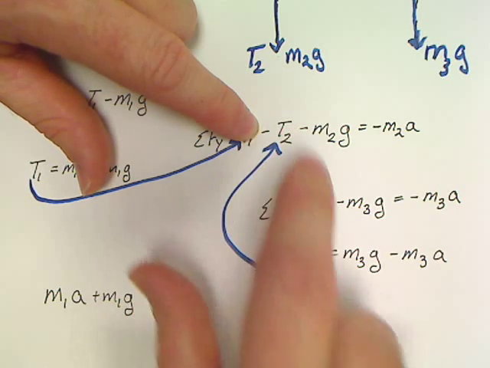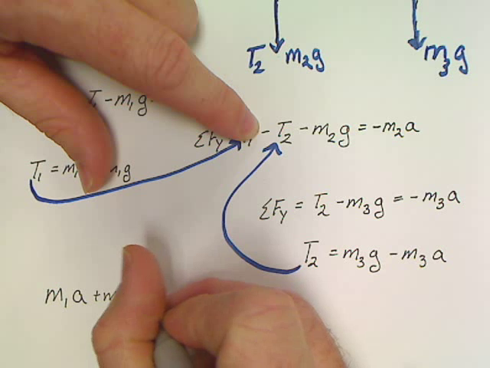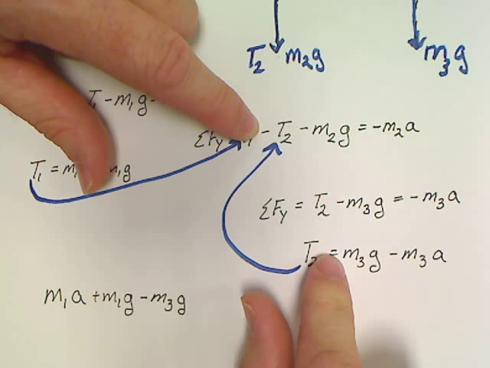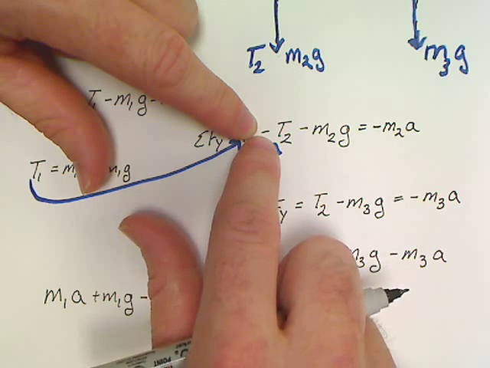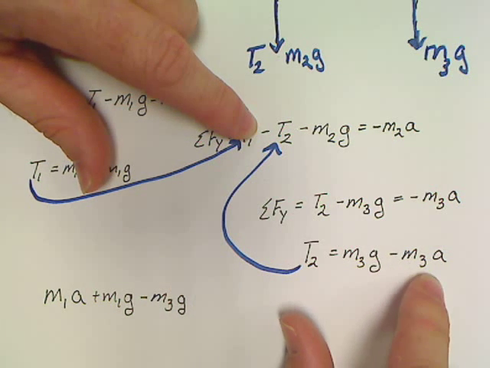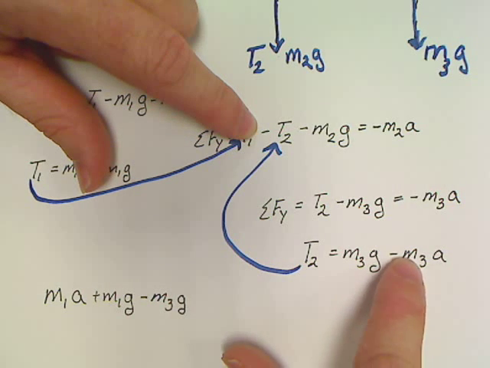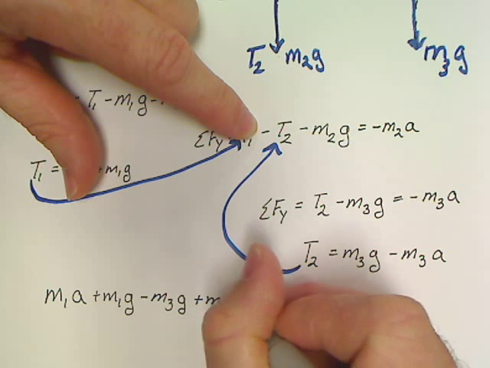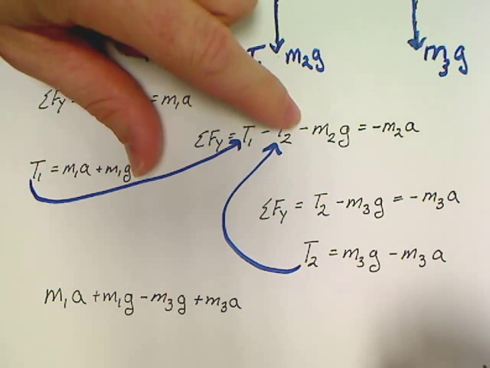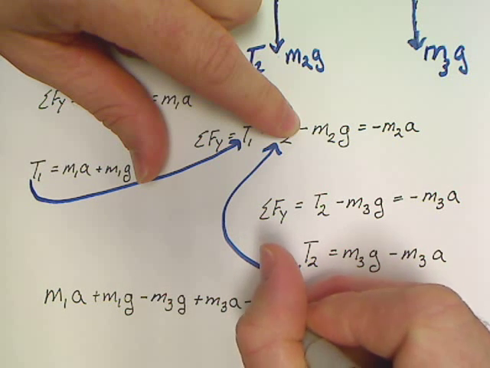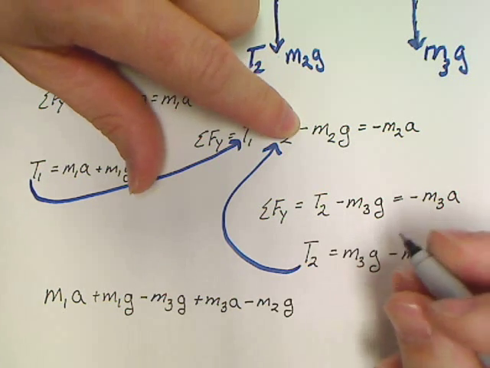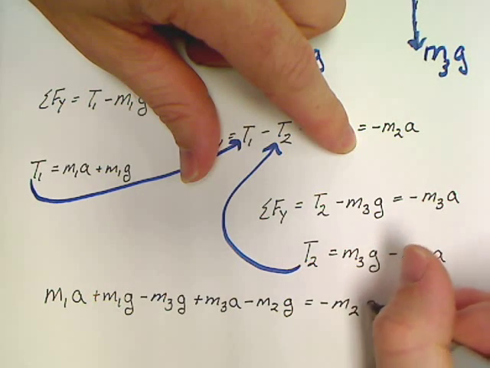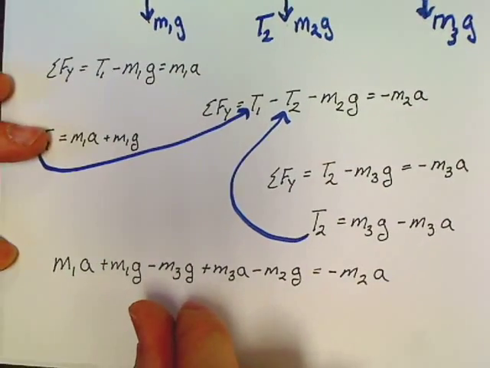So this becomes negative M3G, and negative M3A, which means what's negative times negative when you substitute. This becomes positive M3A, now minus M2G, equals negative M2A. This is a beautiful question.